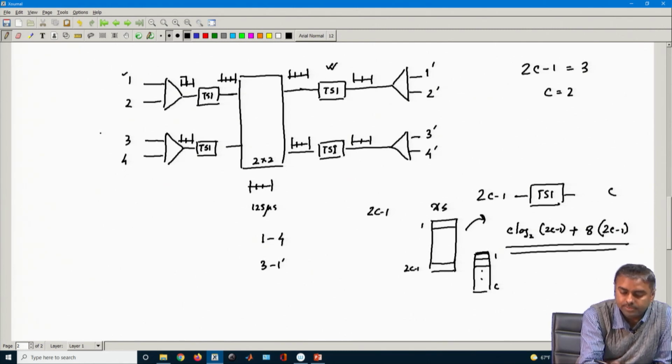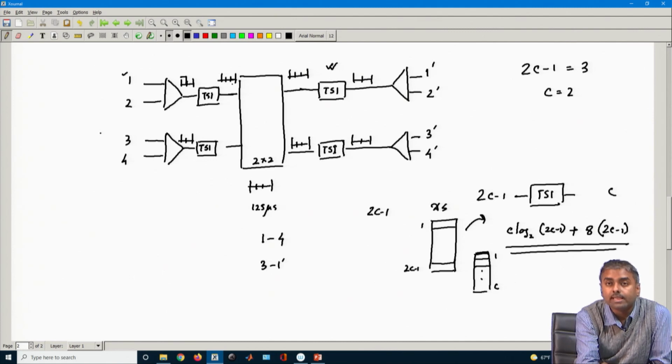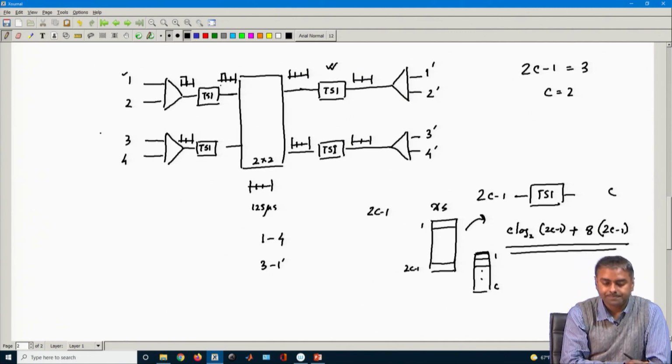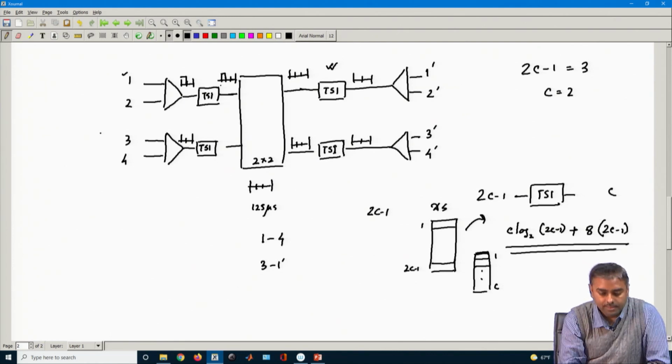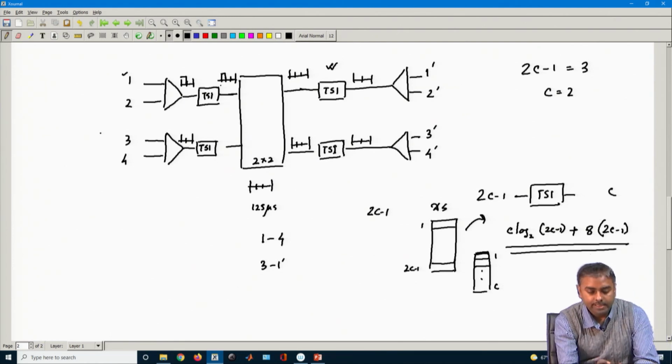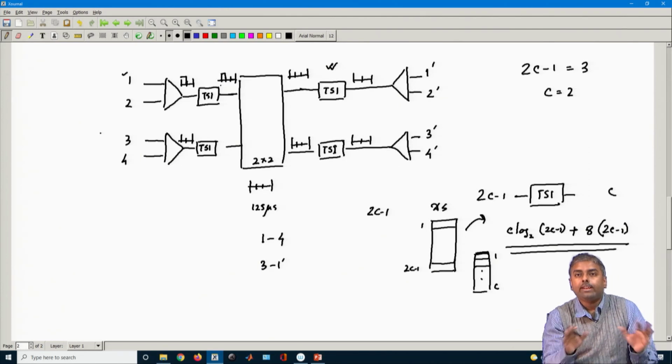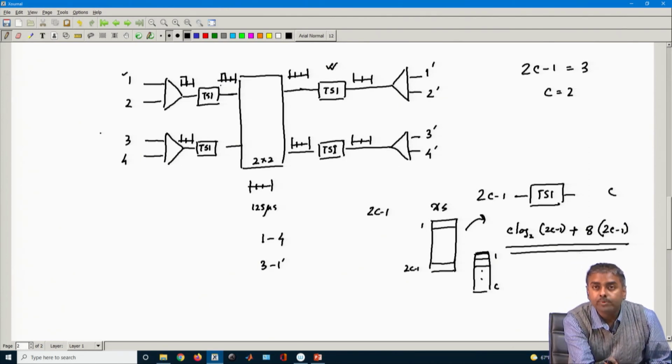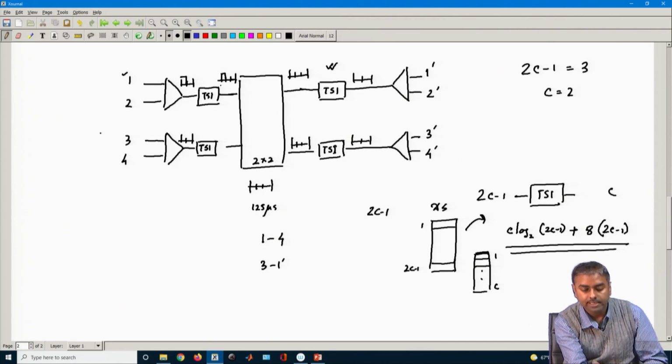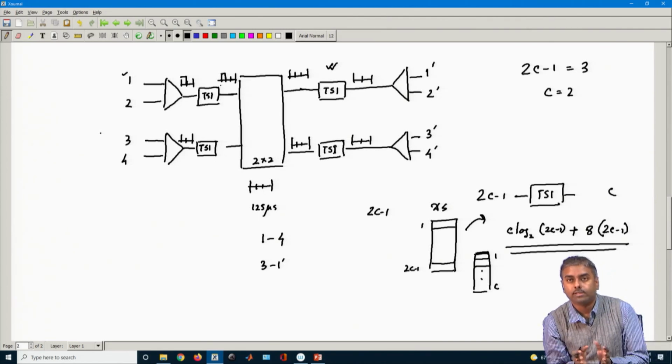So, once data comes, I have 3 options, anywhere I can put it. Okay. Let us put it in the first slot. So, I put it over here. Remember, the space switching cannot do time readjustment. So, if the input to the space switch is 3 slots, then the output also should be 3 slots. If it is 2C minus 1, output should be 2C minus 1.